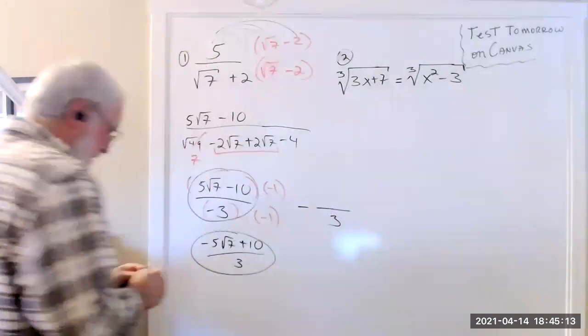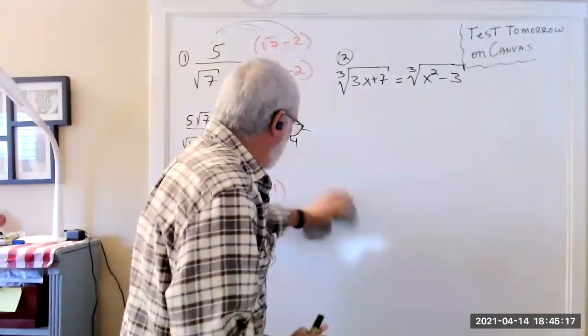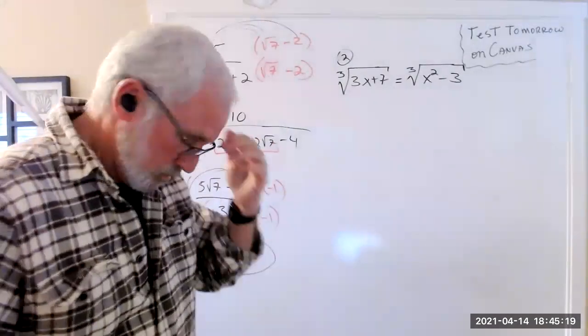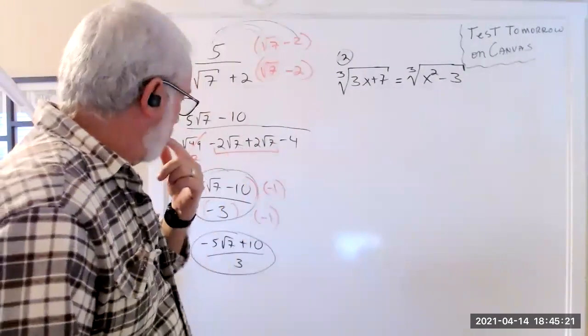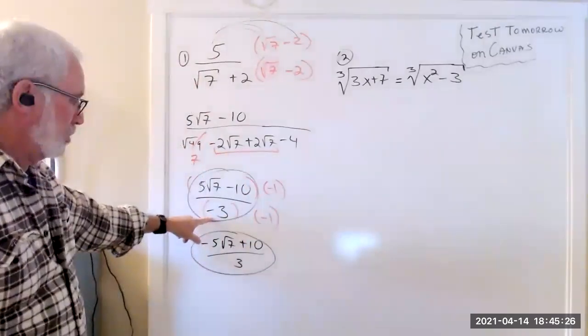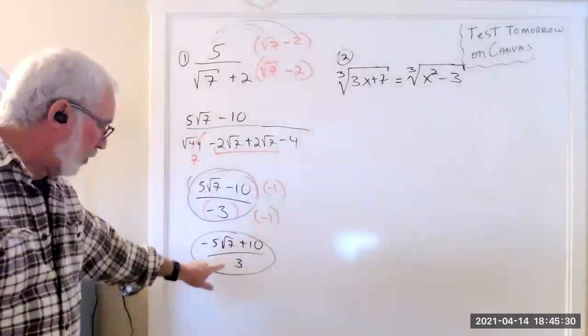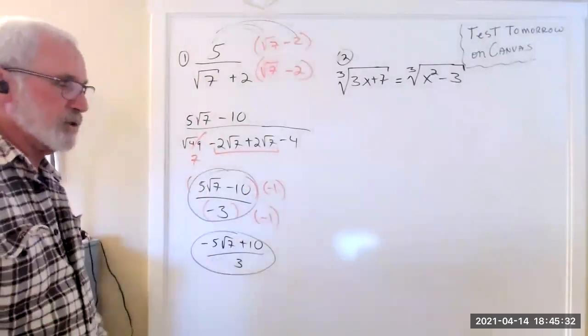Yeah, that's fine. What if the negative was next to the 3? Well, it was. As the final answer, that would be okay. Yeah, this one is okay, or this one is okay, or the one that Philip suggested is okay.